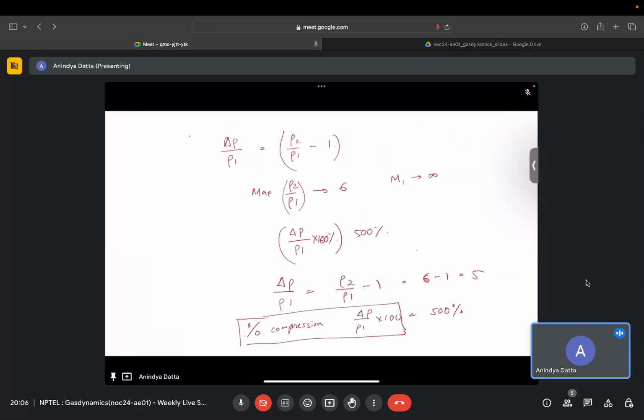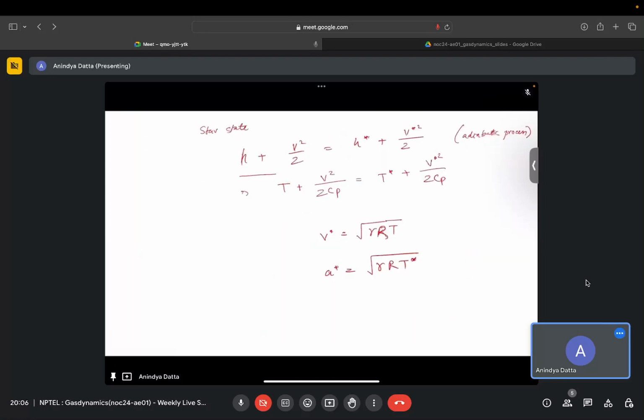When the flow is adiabatic, remember, the stagnation temperature doesn't change, because there is no heat addition to the process.